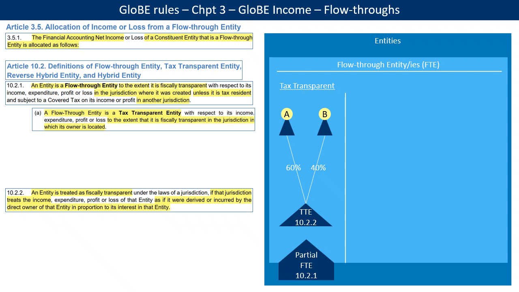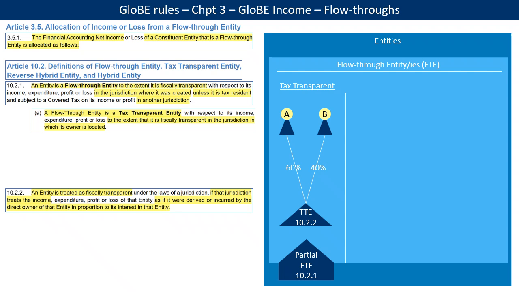And obviously we need to go to Article 10 to find the definition of flow-through entities. And you see here we've got a whole list of flow-through entities: tax-transparent entities, that's the second block on the left-hand side, reverse hybrids and hybrid entities. And if we look at 10.2.1, an entity is a flow-through entity to the extent it is fiscally transparent in the jurisdiction where it was created, unless it is a tax resident in another jurisdiction.